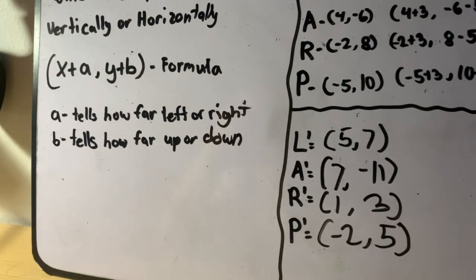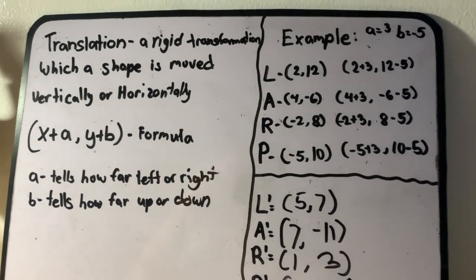Now let's move on to our second transformation. Oh, I must remind you, in the translation, you have to compare both the pre-image and image together, and the same goes for the others, like reflection, rotation, and dilation.